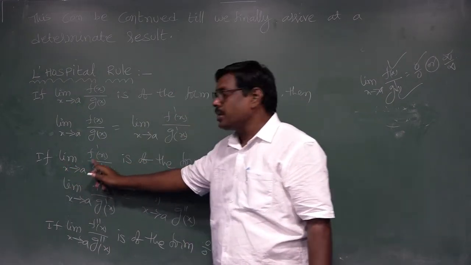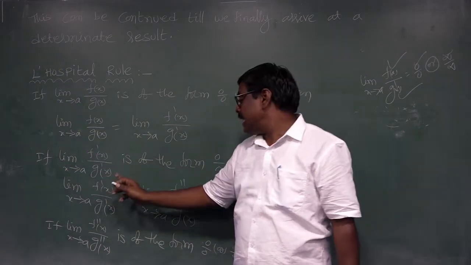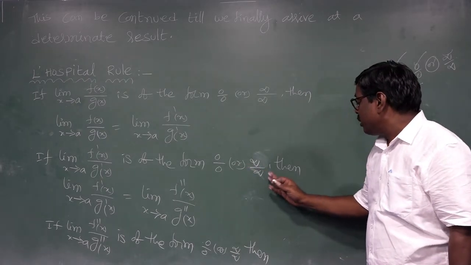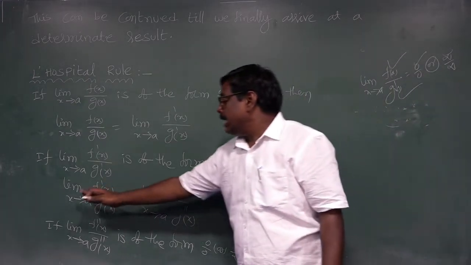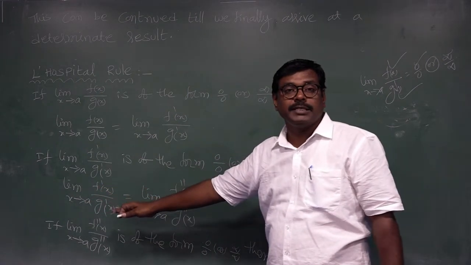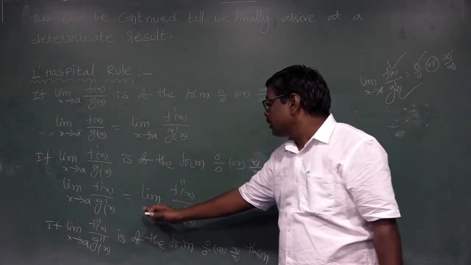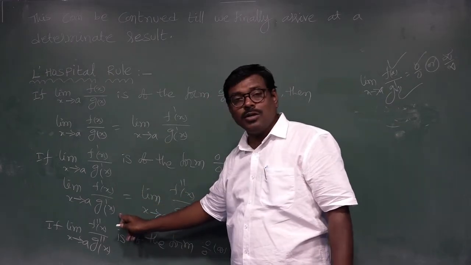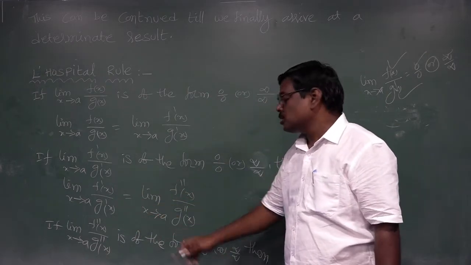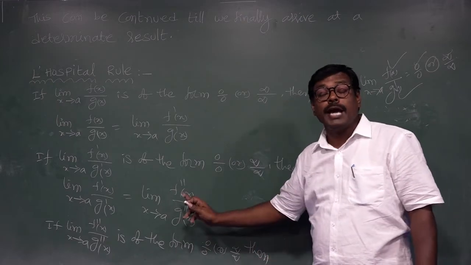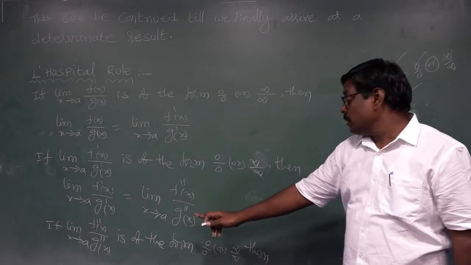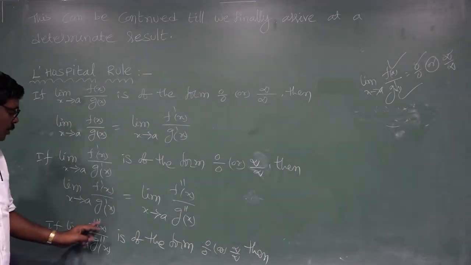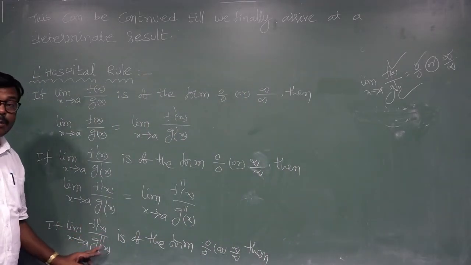If the limit as x tends to a of f dash x by g dash x is of the form 0 by 0 or infinity by infinity, then we again take the derivative of the numerator and the derivative of the denominator separately, giving the limit as x tends to a of f double dash x by g double dash x.